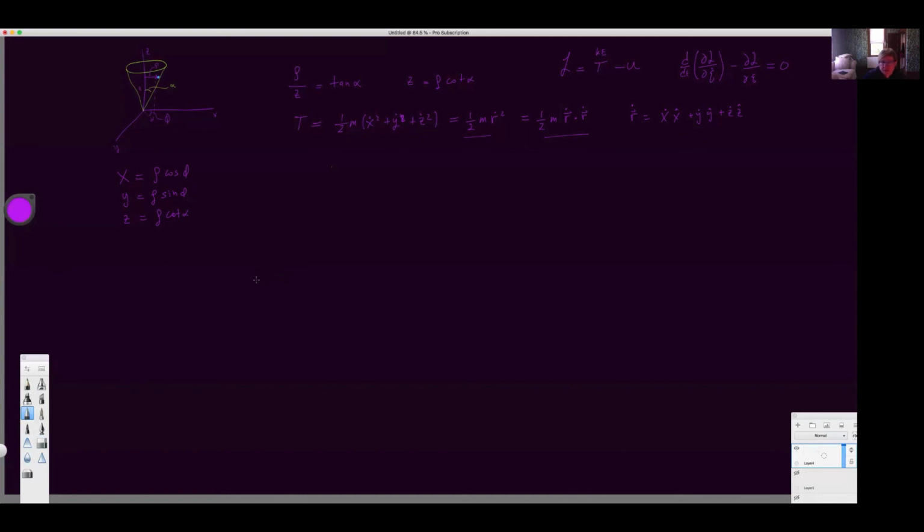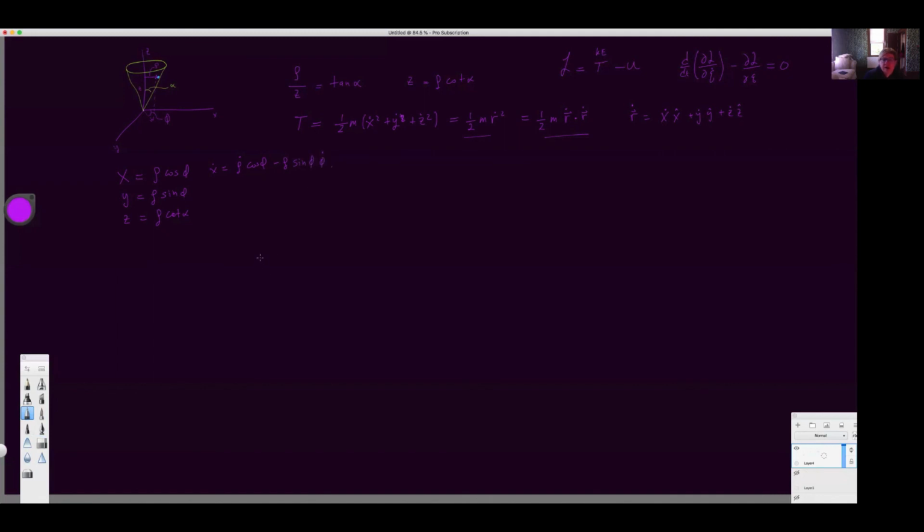You just have to be a little careful, fun times, with derivatives. So let's do x dot. x dot is rho dot cosine of phi, and now by the product rule plus rho times the derivative of cosine, which is a negative sign, so minus sine of phi, because phi is also changing, times phi dot.